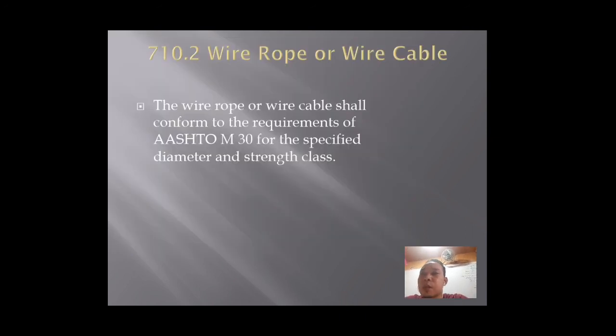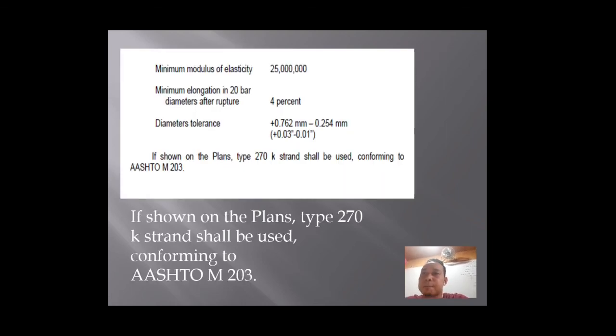So the minimum modulus of elasticity is 25 million and minimum elongation in 20 bar diameters after rupture is 4%. So diameter tolerance is plus 0.762 mm minus 0.254 mm if shown on the plans.